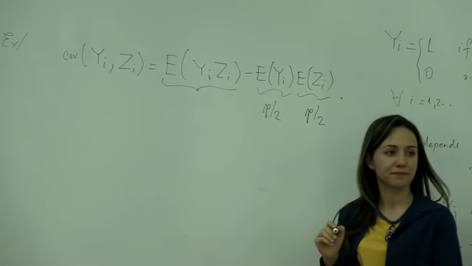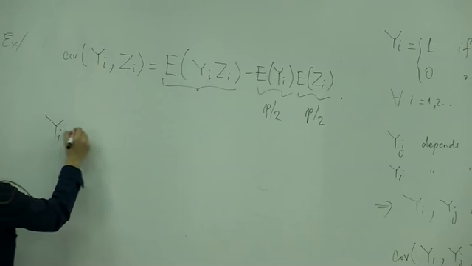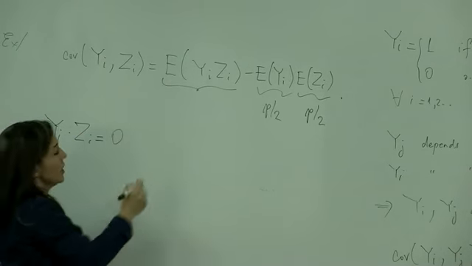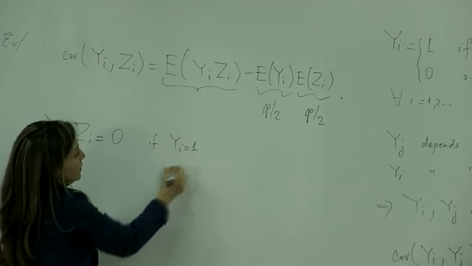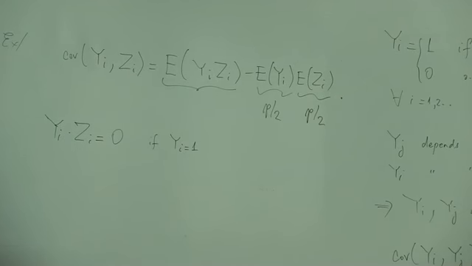What is that? Now, y_i times z_i is 0 if y_i is 1, because if y_i is 1, z_i has to be 0. The coin will come up either heads or tails.